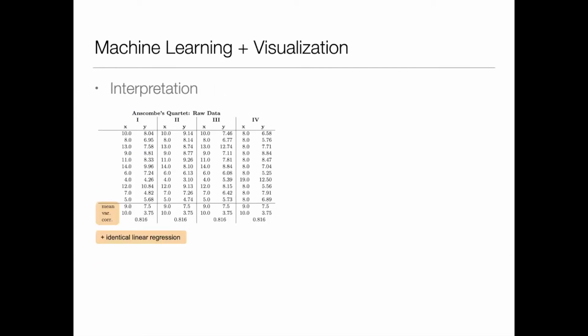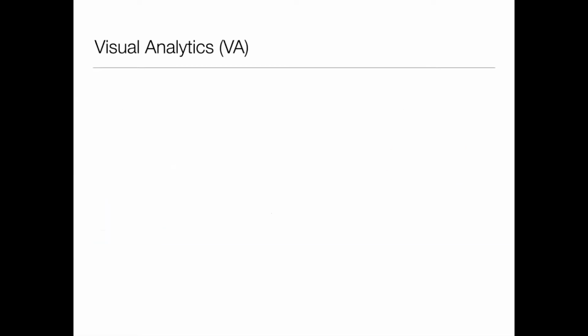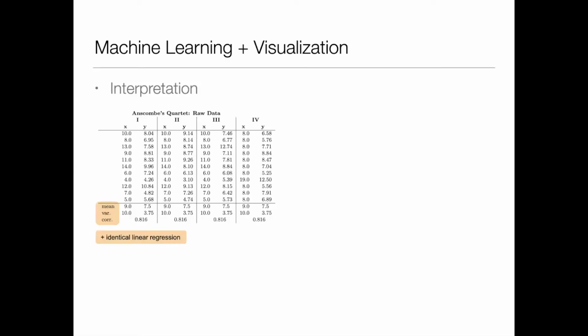You will probably see this, or you have seen this with Andreas, so I will not go into too much detail, because this is a basic thing that you always see in visualization introductions.